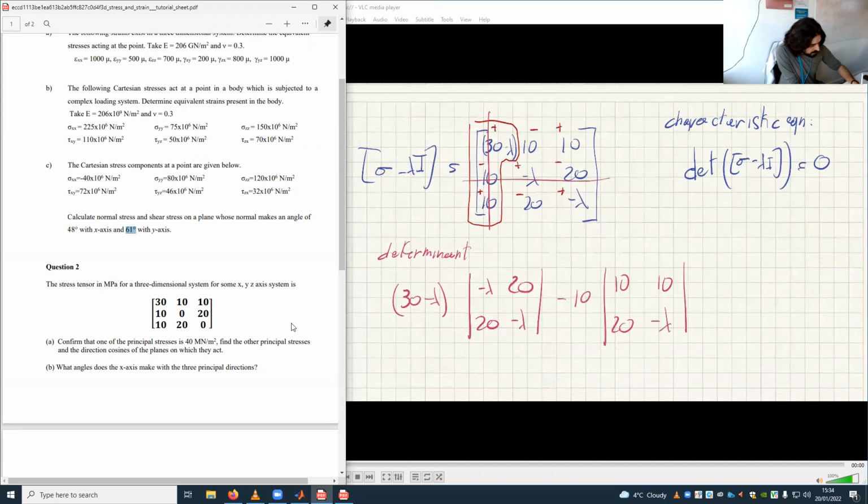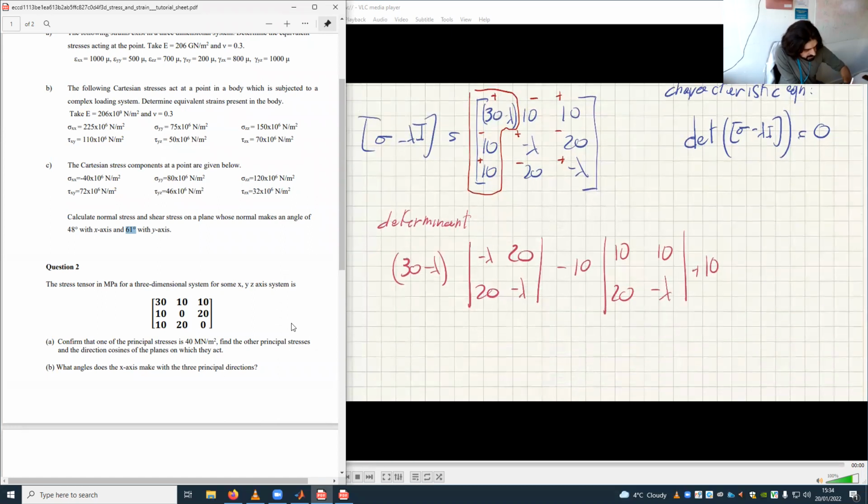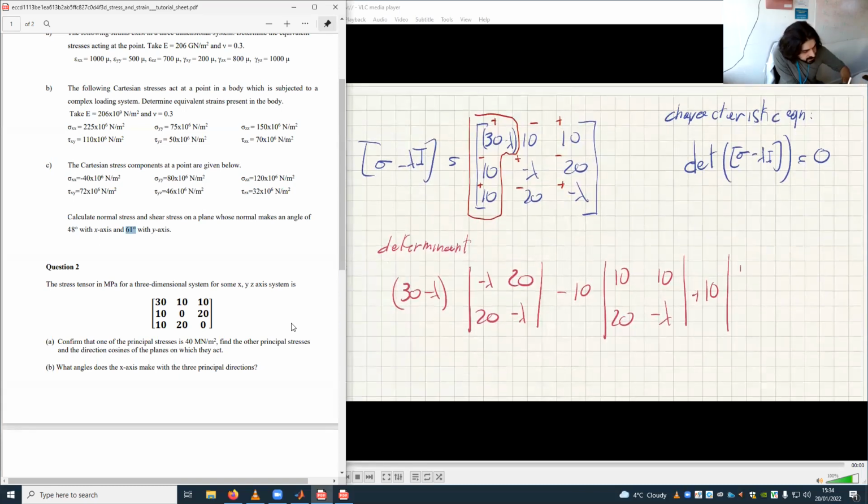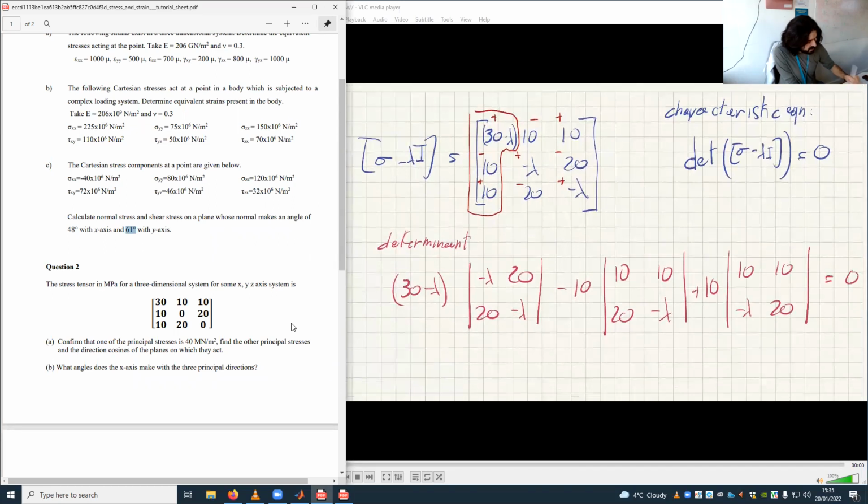And then we have the last one, which is plus 10 times the determinant of this matrix here, the top right corner, 10, 10, minus lambda, 20. So this determinant must be equal to 0.